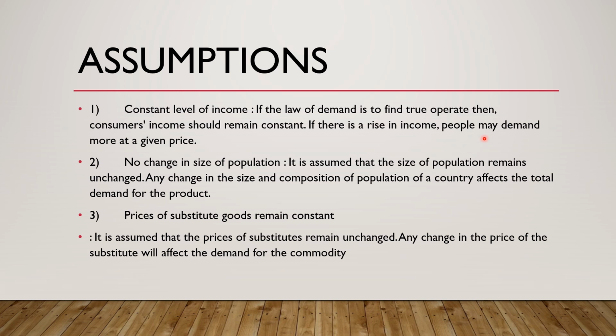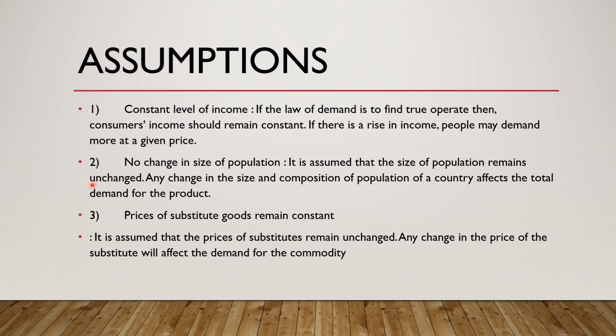If your income is 50,000 and you are not able to buy tomato at 150 rupees per kg, because the product is very costly, then when your income increases from 50,000 to 1 lakh, or 1 lakh to 2 lakh, you can buy the tomato at 150 rupees per kg, you can afford to buy that product.